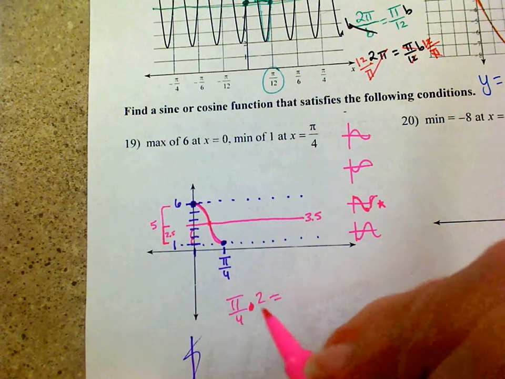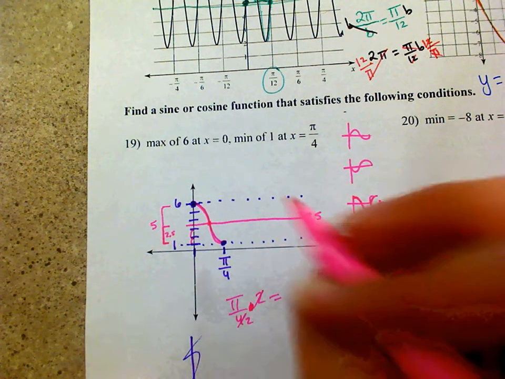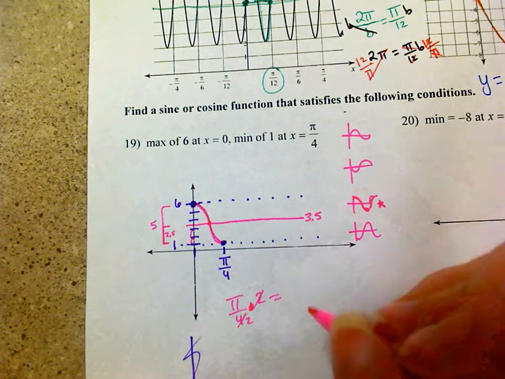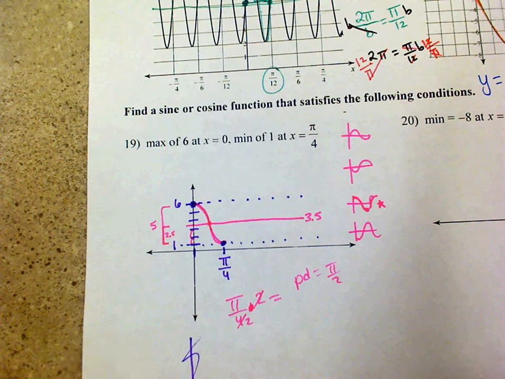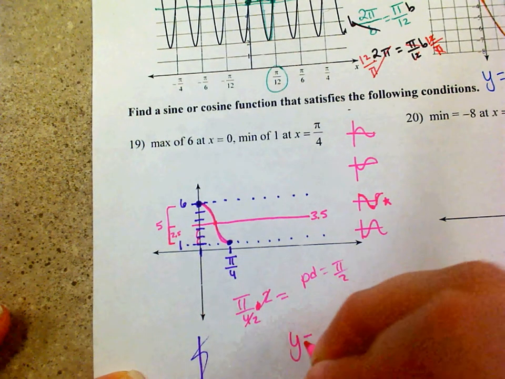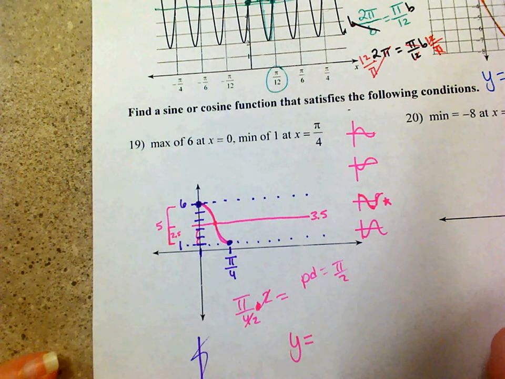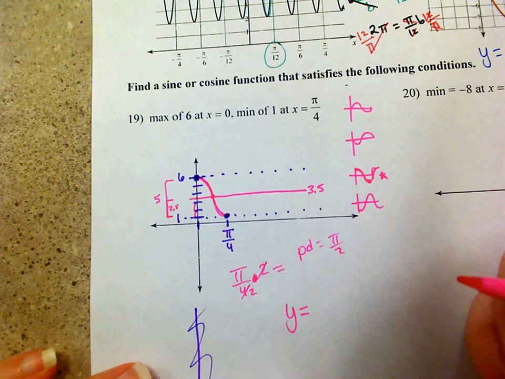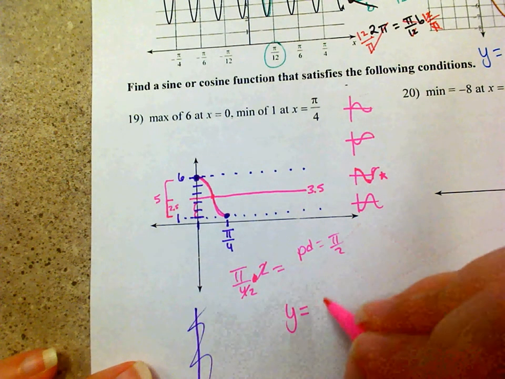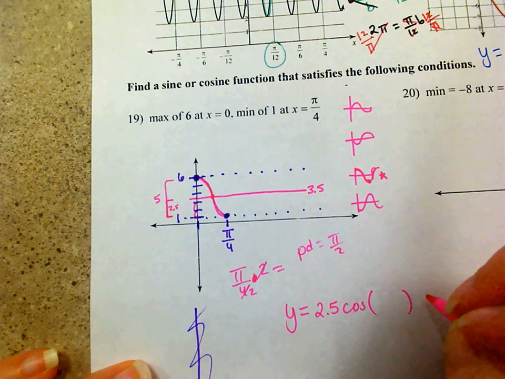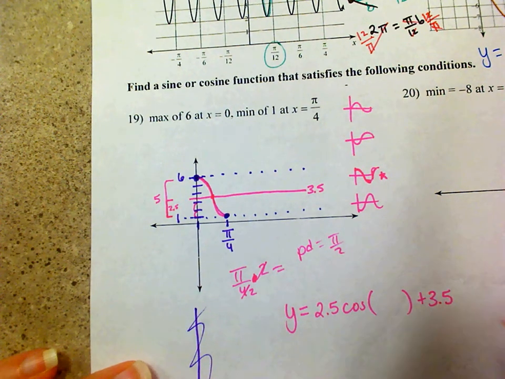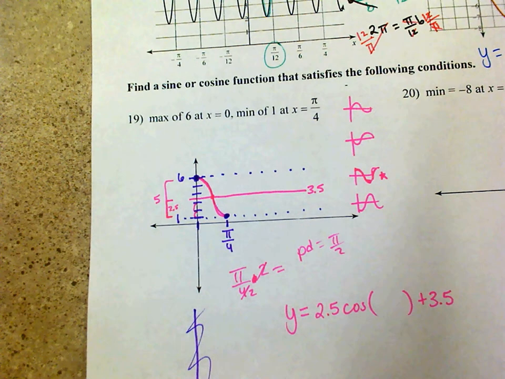I need to write an equation. So y equals, it's a positive cosine wave with an amplitude of 2.5, with a vertical shift of 3.5 and a period of pi over 2. So 2 pi over b equals pi over 2. Multiply by b.